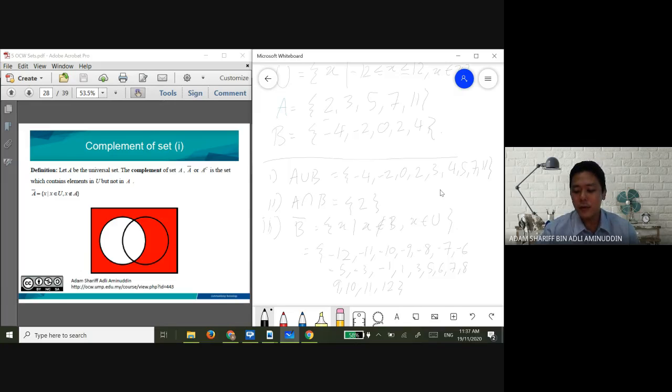Please make sure you don't leave out any elements. Dalam soalan set, make sure you list down all the elements.